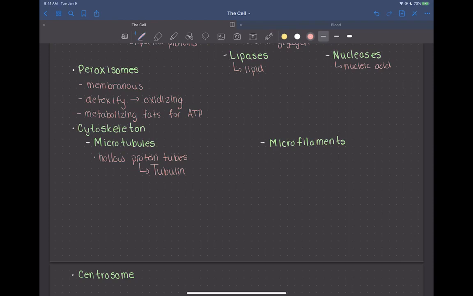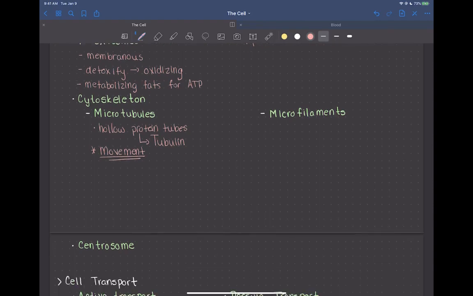Whenever you see microtubules, you should automatically think of movement. If there are microtubules involved, there's going to be some sort of movement involved. So let's talk about some specific examples of microtubule functions.